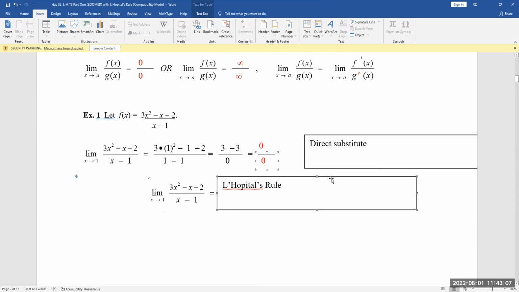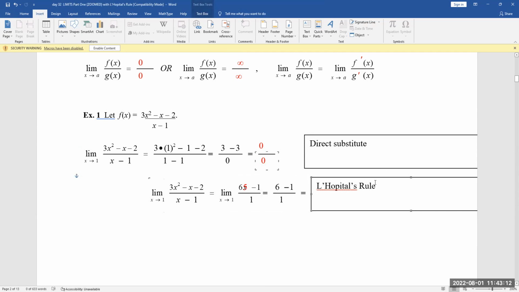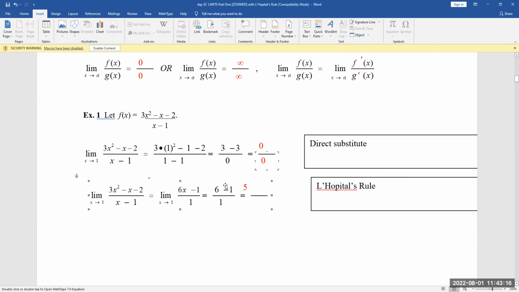The derivative of the numerator, 3x squared minus x minus 2, should be 6x minus 1. The derivative of the denominator, x minus 1, is 1.